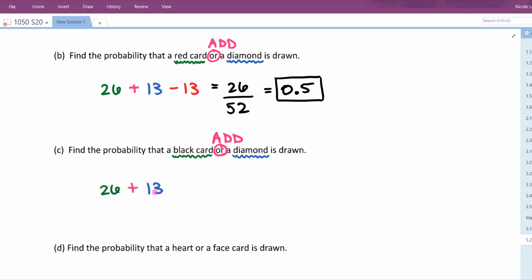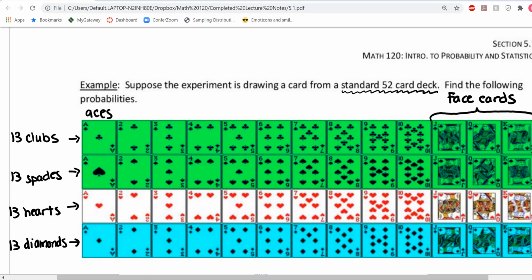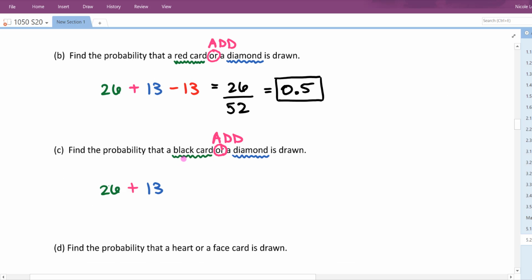Between our two groups of black cards and diamonds, you can see that there's no overlap. They don't have anything in common. Since they don't have anything in common, I don't have to subtract anything out. There wasn't anything that we double counted. So these two events are disjoint. When they are disjoint, with nothing in common, all you have to do is add. You don't have to worry about subtracting.